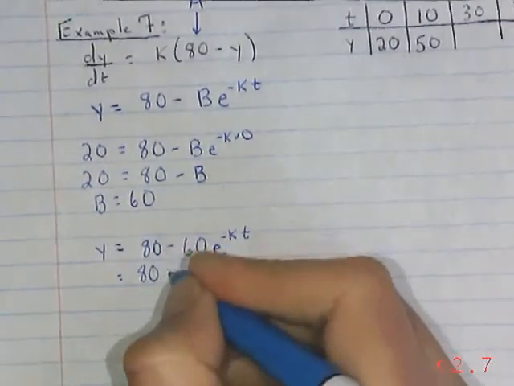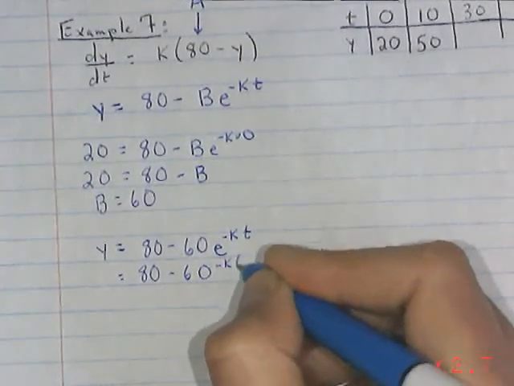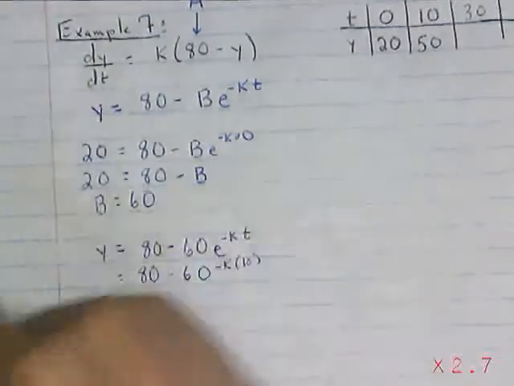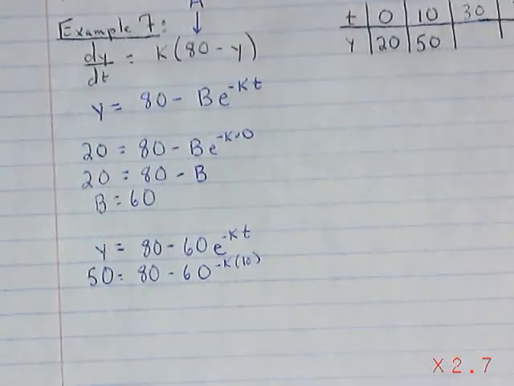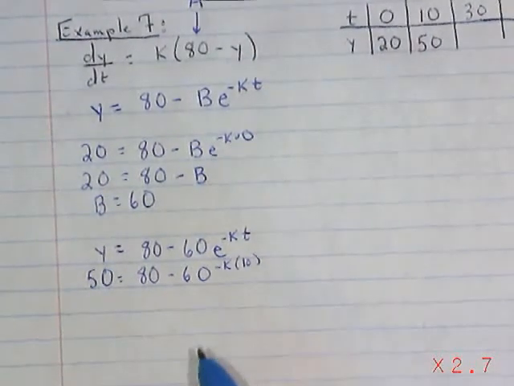So then we use our second initial condition to solve for k, namely that after 10 days, plugging in 10 for t, this guy has done 50 units. And so this should be enough to get us what k is.